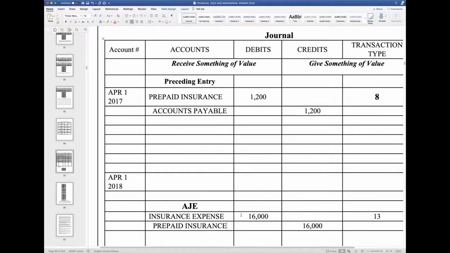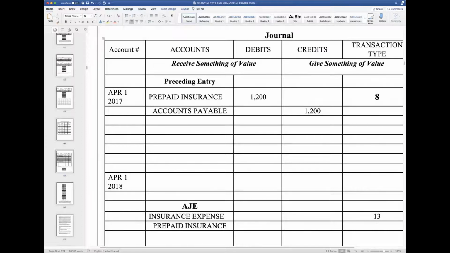So how much of that 1,200 is gone by December 31st, Huntsberry? April, May, June, July, August, 9. $900.